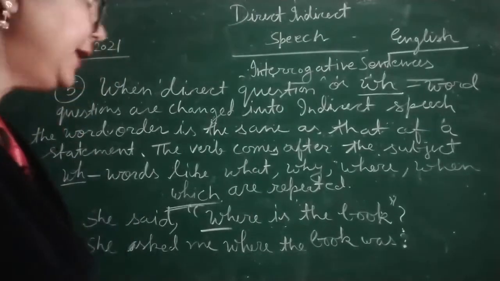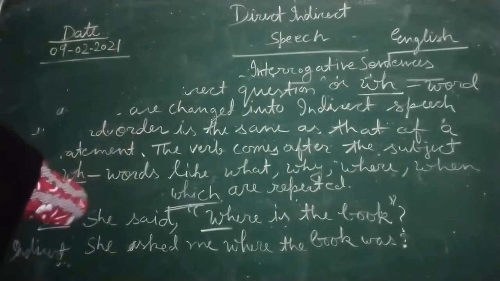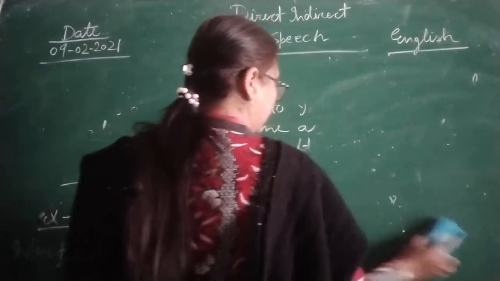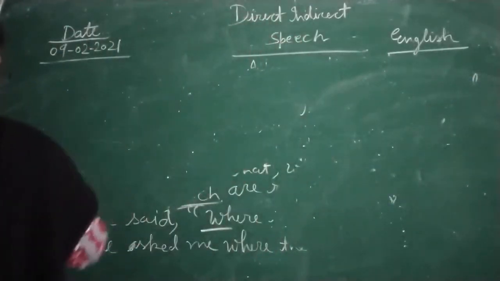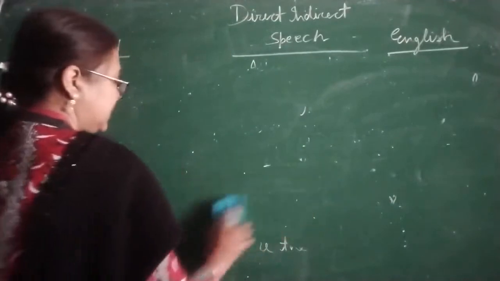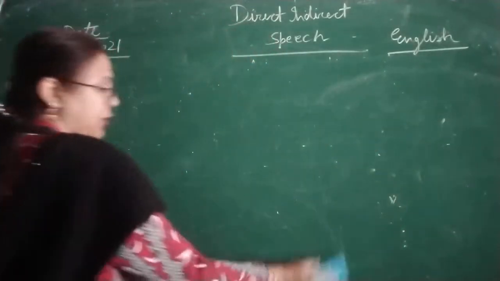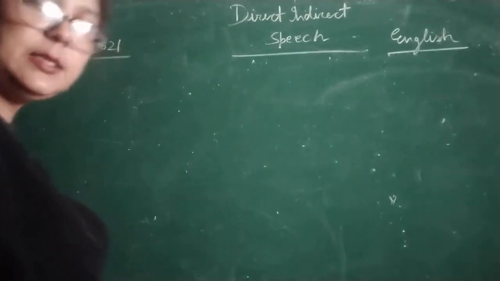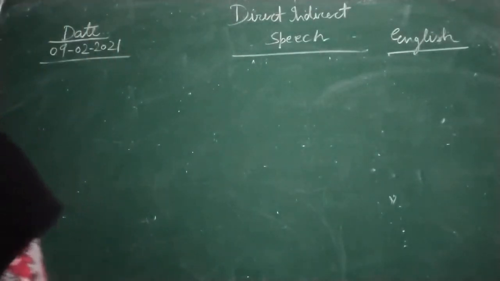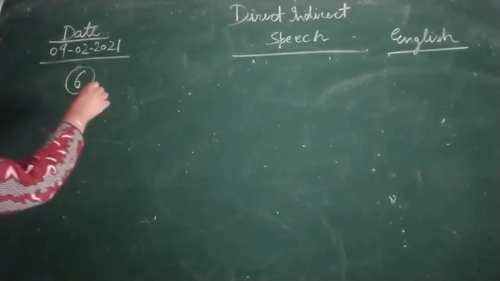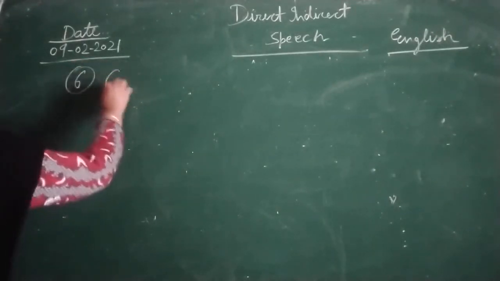So now our next rule is number 6. When the sentence or the question starts with will and shall, what will we do? We have discussed auxiliary verbs, but will and shall. So this is rule number 6.